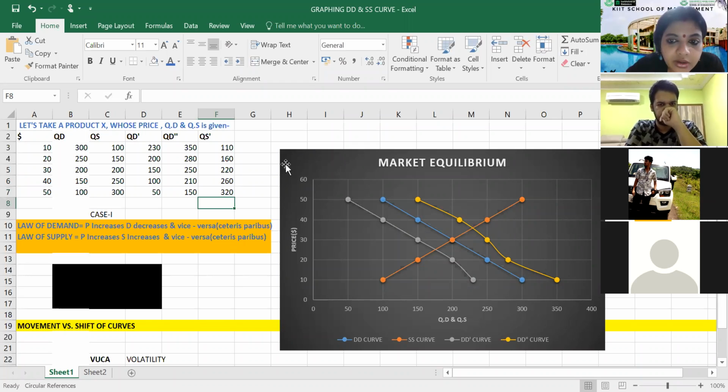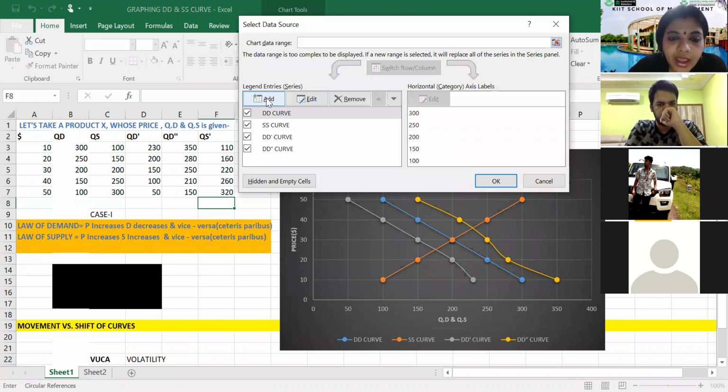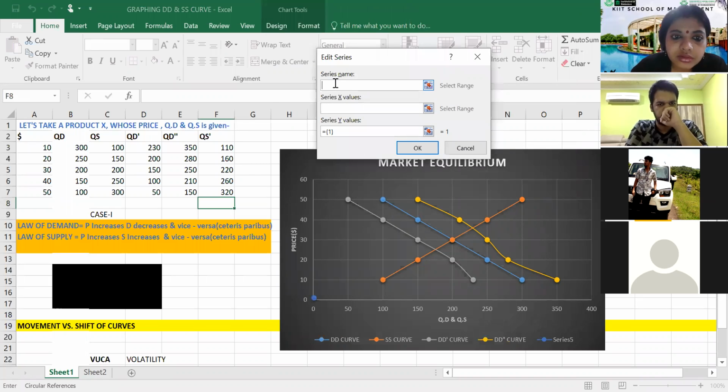I want to see, with these values, what happens to my supply curve, which was originally positioned at this orange line. So again, select data, add new supply series, that is SS dash curve.